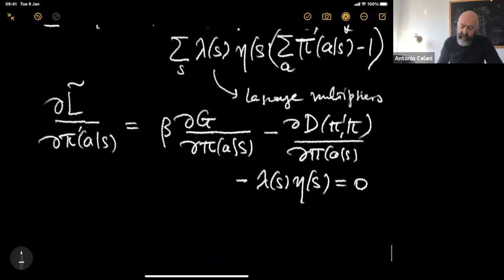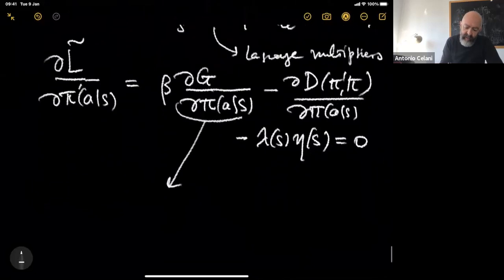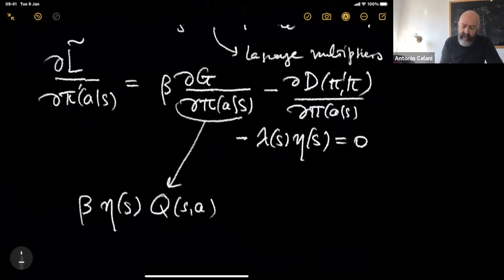Okay, now it's time to replace these quantities with the ones that I've calculated. So this object here, I know it. This is going to be beta, eta of s, q of s a. This comes from the policy gradient theorem.